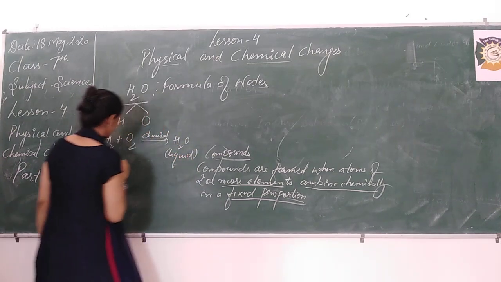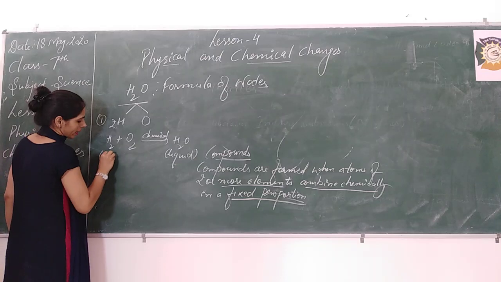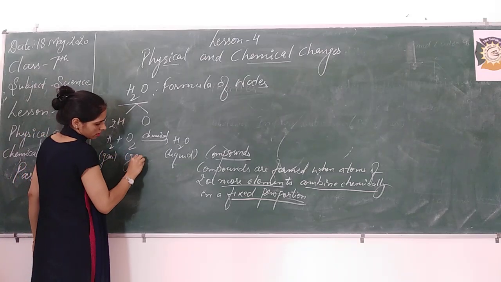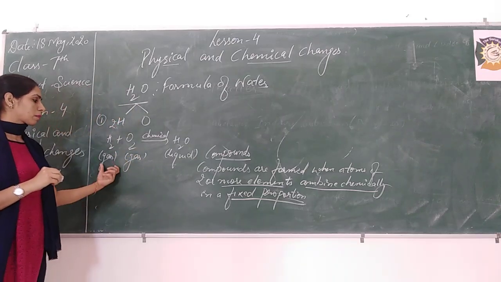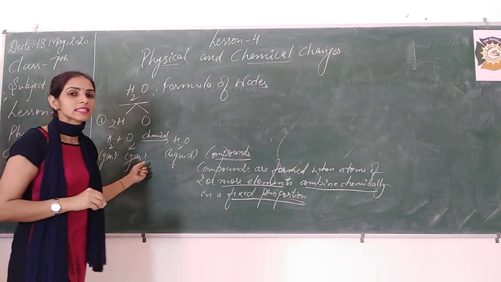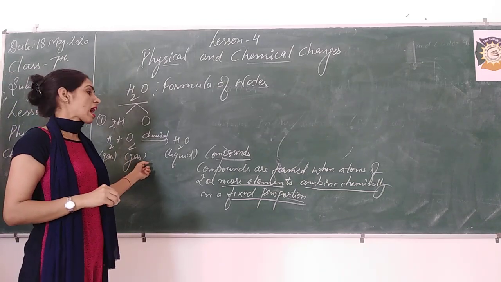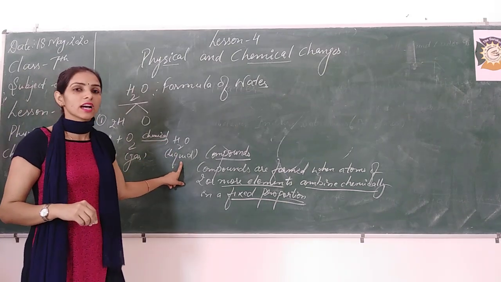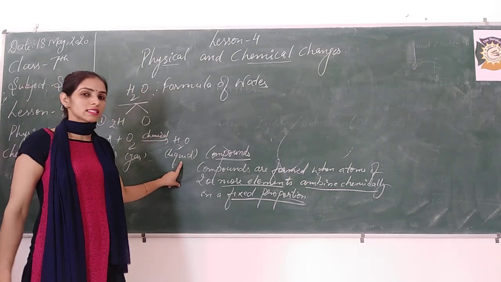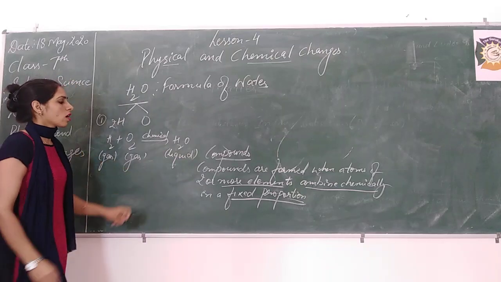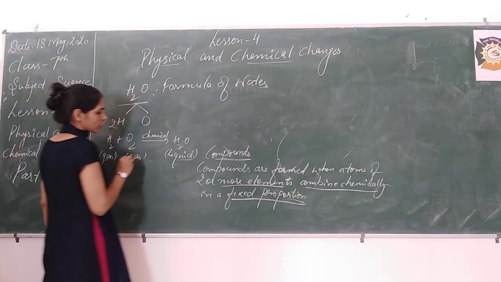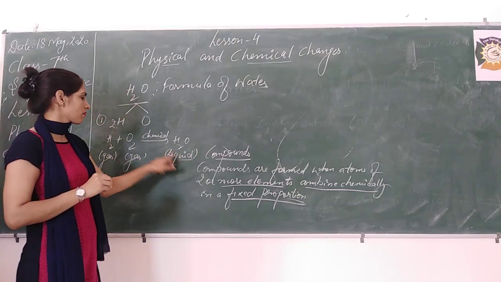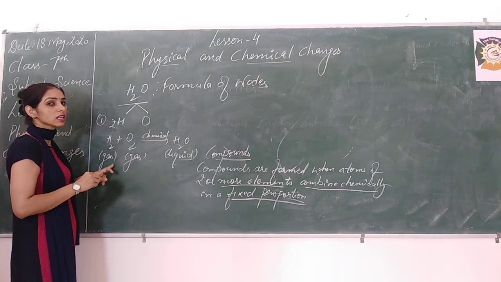Here hydrogen has a gaseous state, right? So that means the properties of the constituents are different from the properties of the product. The properties of the compound are different from the properties of the constituents.